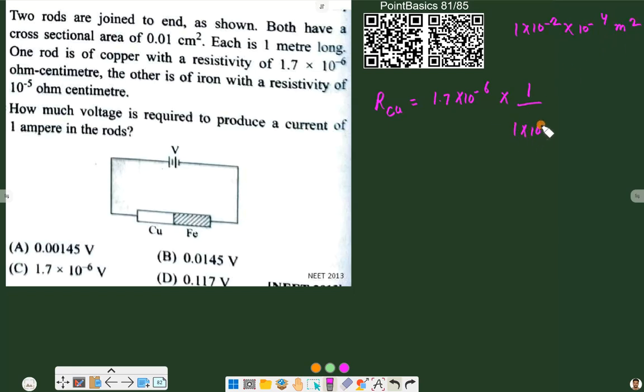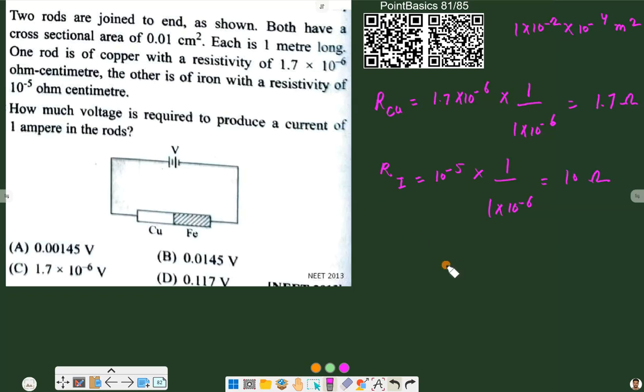So 1 into 10 raised to power minus 6 meter square. So resistance of copper is 1.7 ohm, and for iron it will be 10 into minus 5 length by area, so it will be 10 ohm.